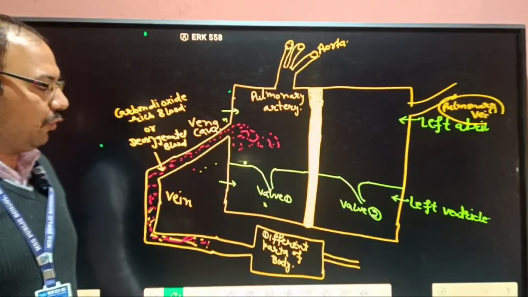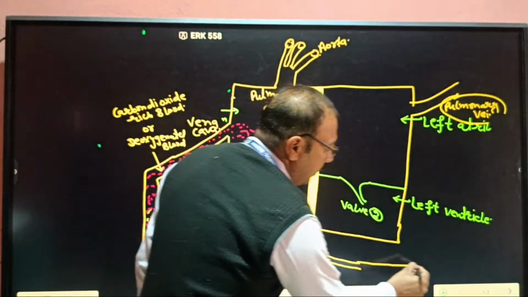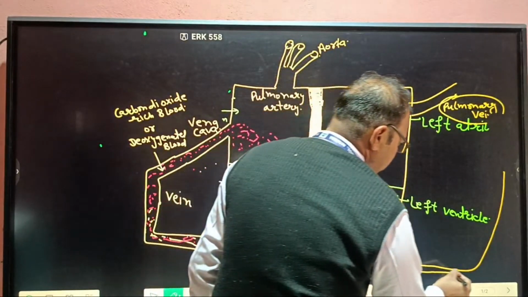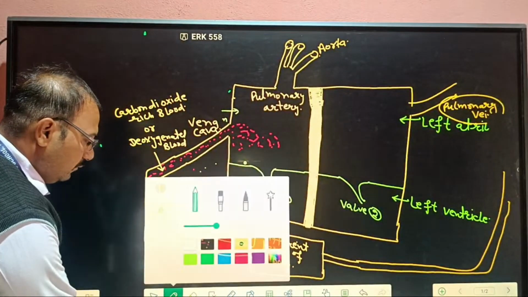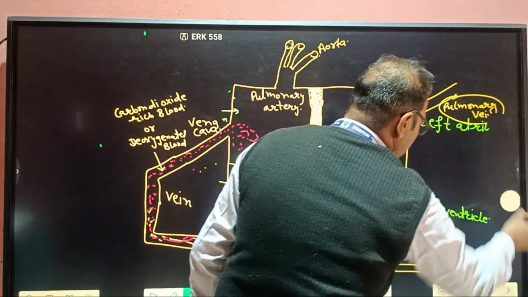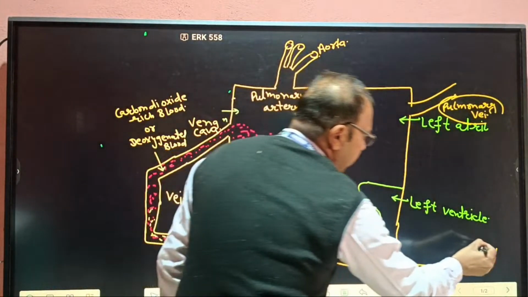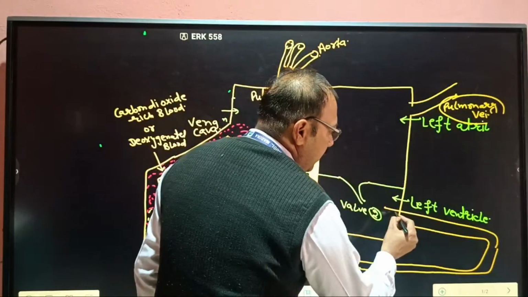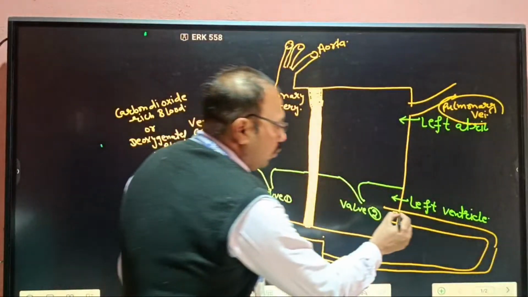Okay, here we make another muscular tube, and that muscular tube is known as the artery. So here we make this artery going here. So what happens here?